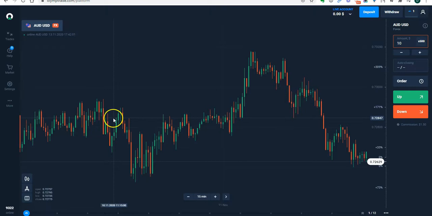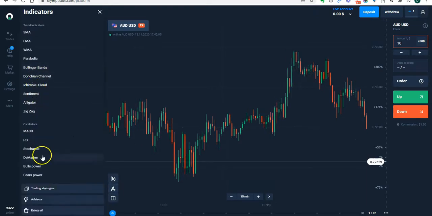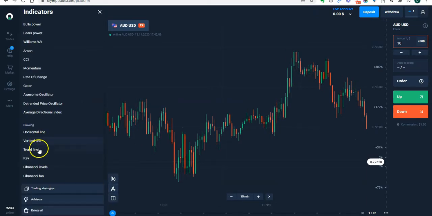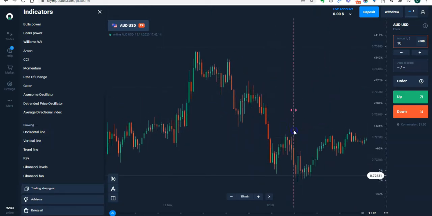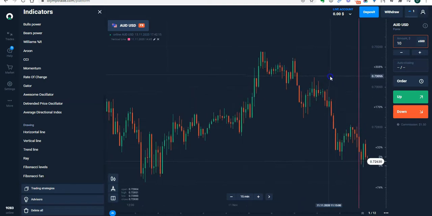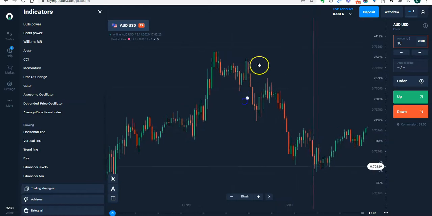Okay, so we're on the 15-minute Australian dollar chart. And let's say that here, if we just put our lines on the chart, let's just assume that for the moment we were looking to trade this short.